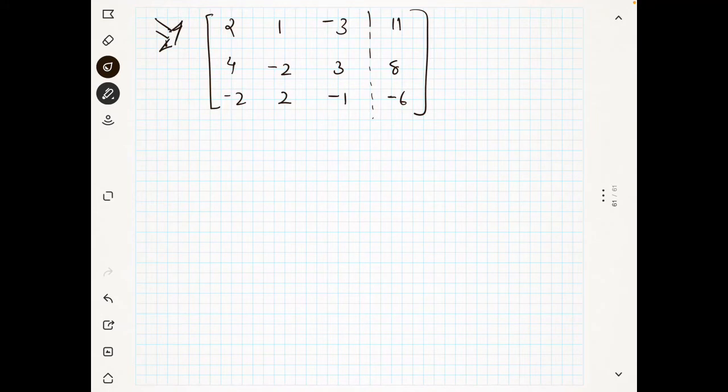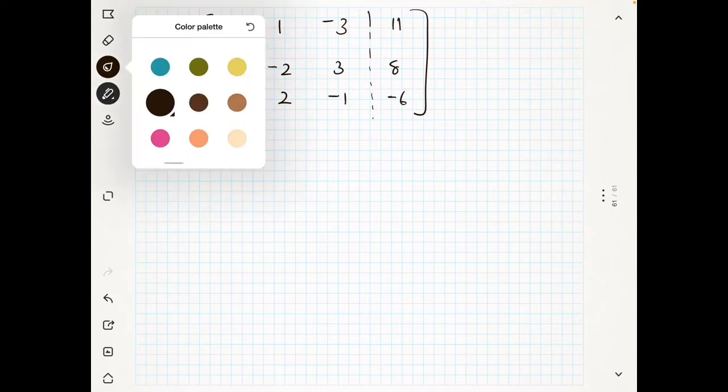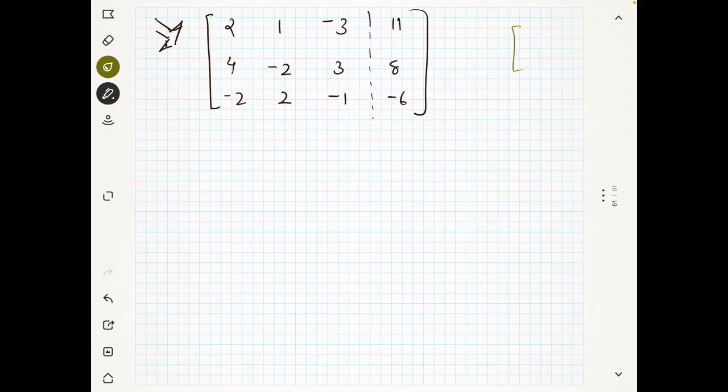Now I will do some row operations because I want this in a particular form. I told you, I want 1, 1, 1 on the diagonal and 0 elsewhere, and maybe something here, something here, something here. Now I want 1 here. So that means I want to convert this element into 1.